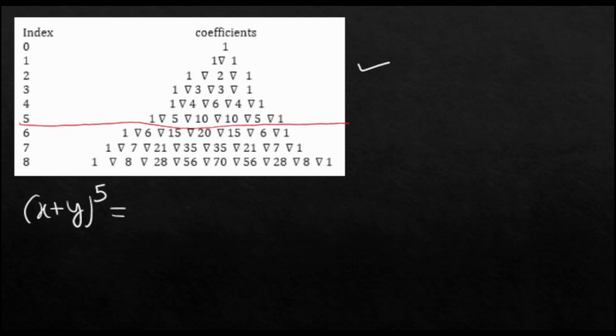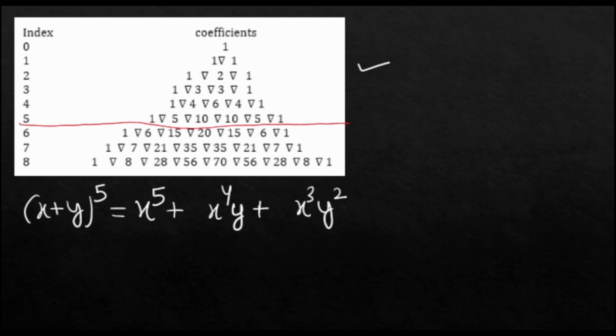For example, if I want to expand the binomial expression (x plus y) to the index 5 using Pascal's triangle, we have the 5th row here. I will use this and simply write the expansion in a very easy way. You also can do this.